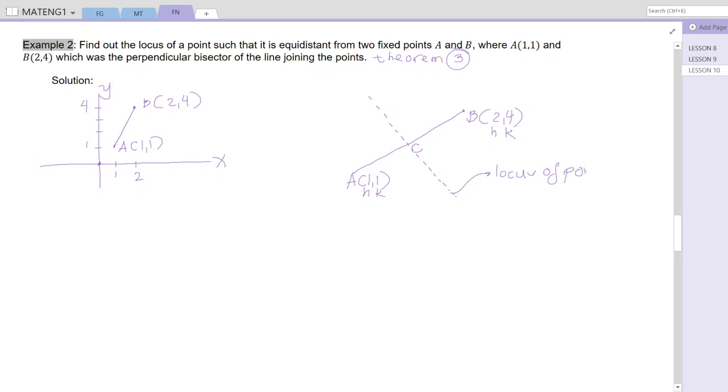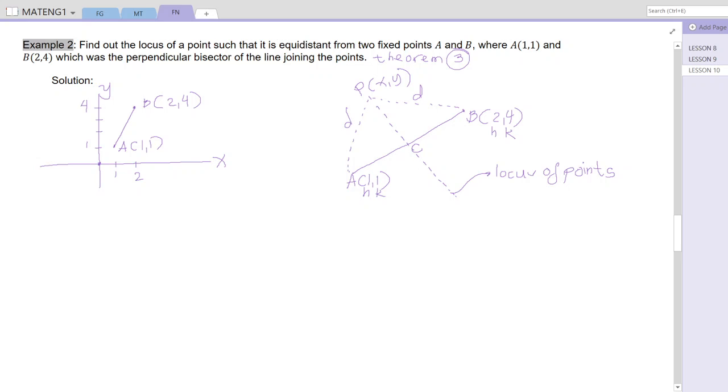We have to find the equation of the locus of points, which is the bisector. If we denote this point as P at (x, y) and connect it from A and from B, it forms this. Let us denote this one as D.